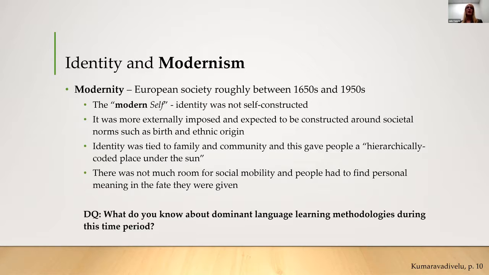And people did not travel more than 20 kilometers outside of their place of birth in the 1600s. For the most part, of course, we had some explorers who did, and they really broke the mold and brought us to new horizons. So it was a hierarchical system, typically, and there wasn't a lot of room for social mobility. You were pretty much stuck in the class, socioeconomic status that you were born into.